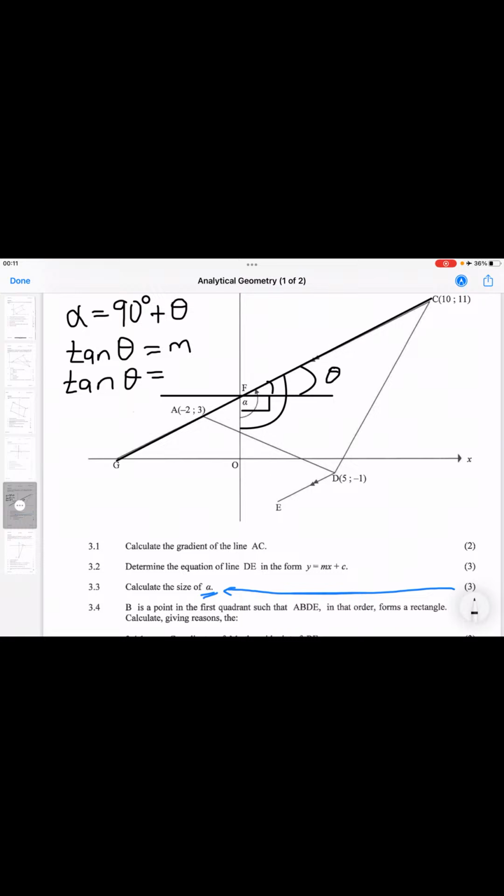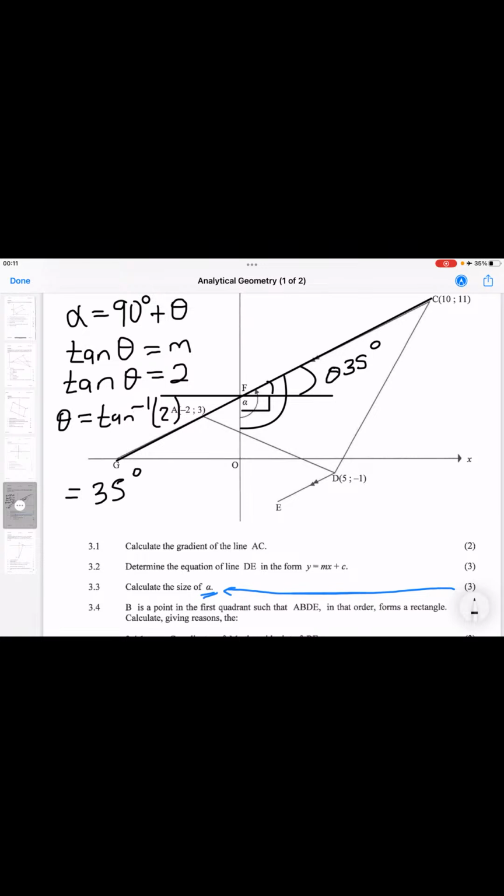What was that gradient? I assumed it to be 2. So now the angle of inclination is equal to, on your calculator, you just punch second function tan of 2 and then you get your answer there. I will just assume that answer maybe to be 35 degrees. So that means this angle now is 35 degrees.